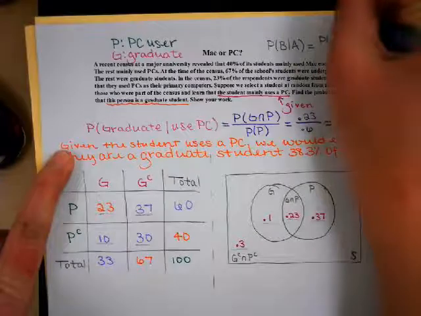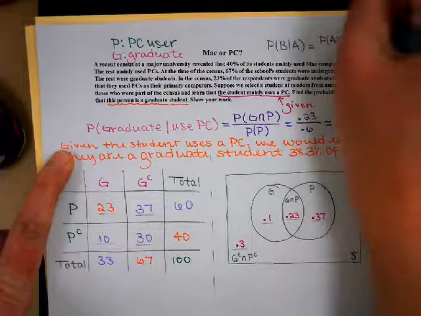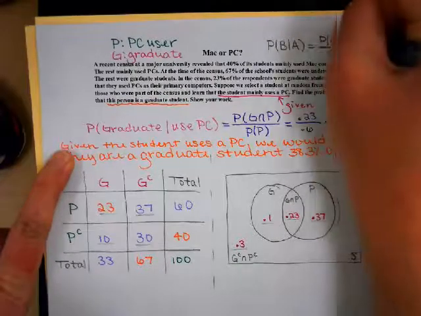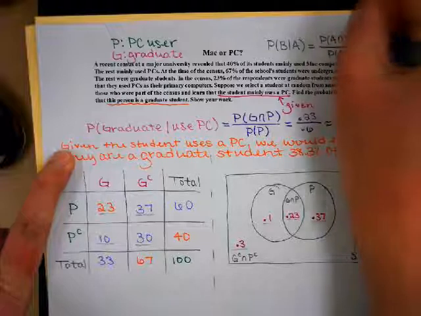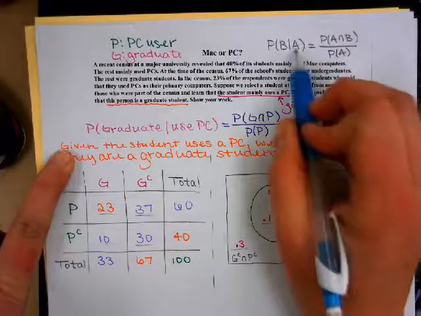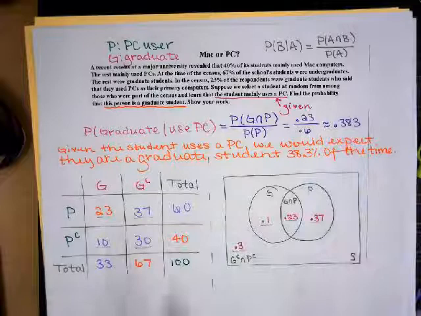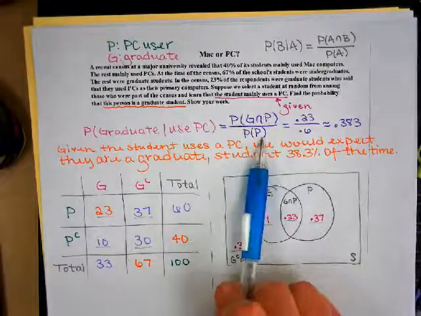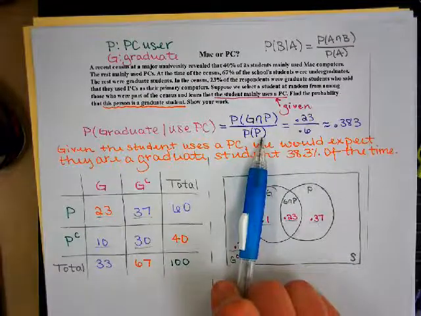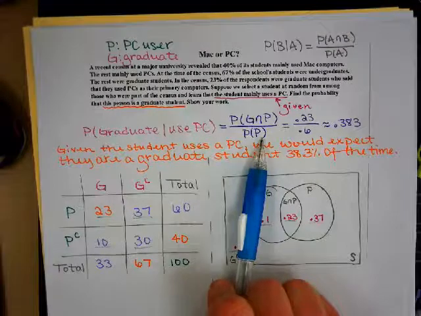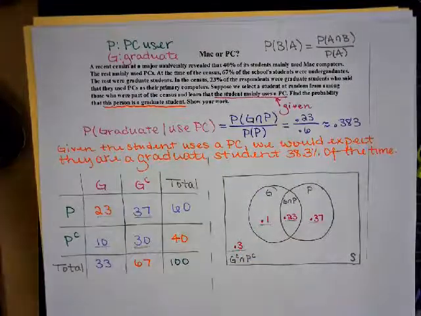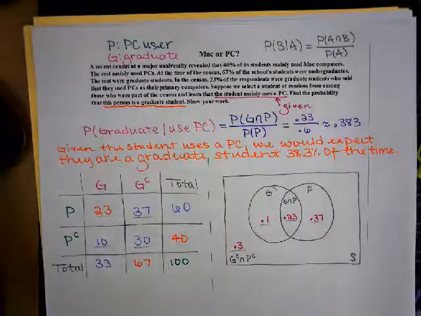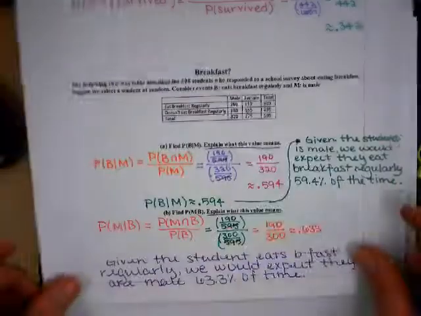So we were given they used a PC, so we divided by the probability that they use a PC. And like here, probability they were male given they ate breakfast. We did male and breakfast divided by breakfast. Always divided by our given.